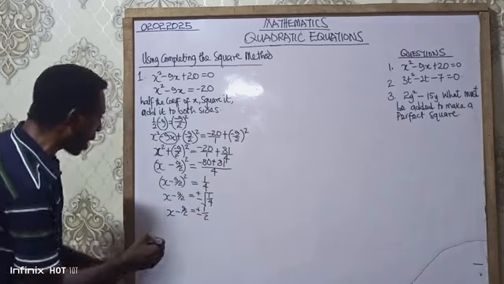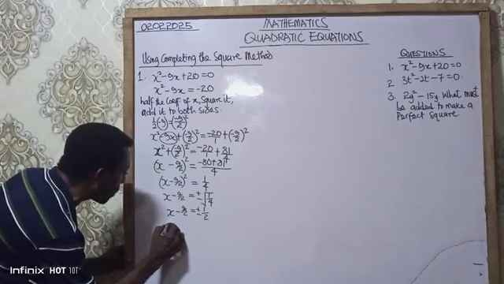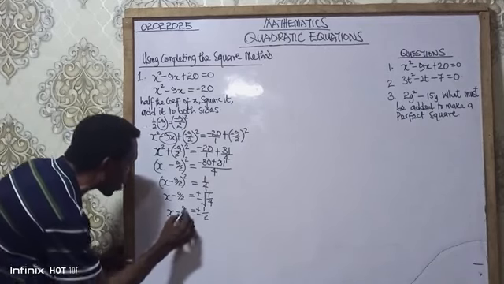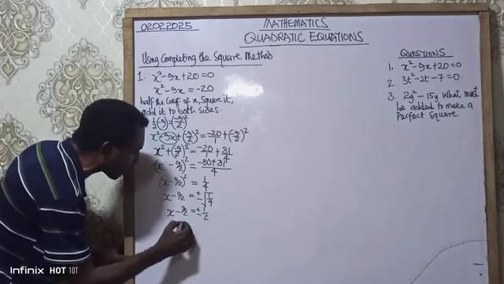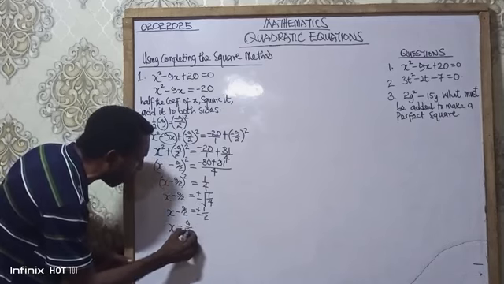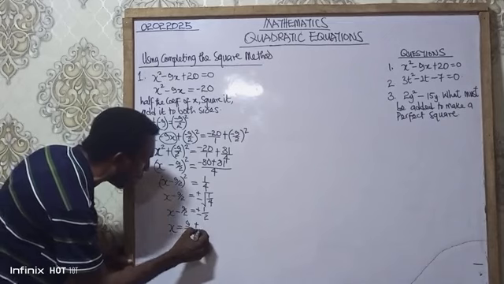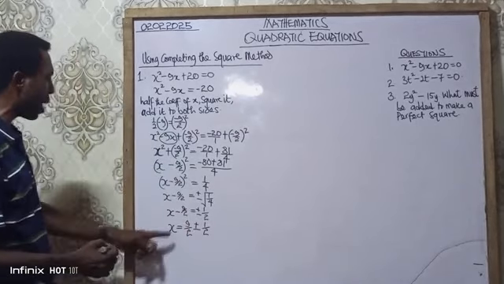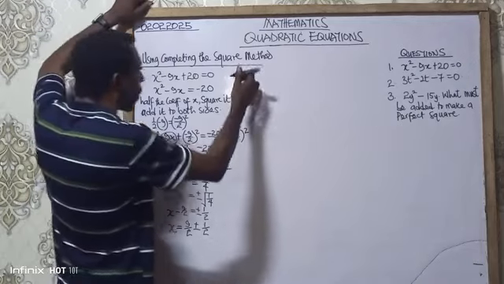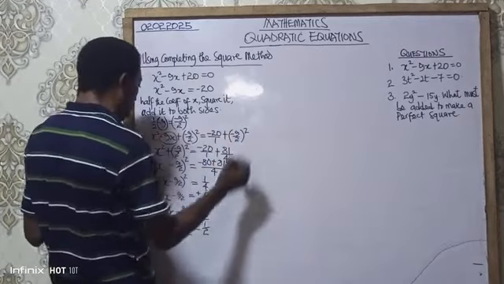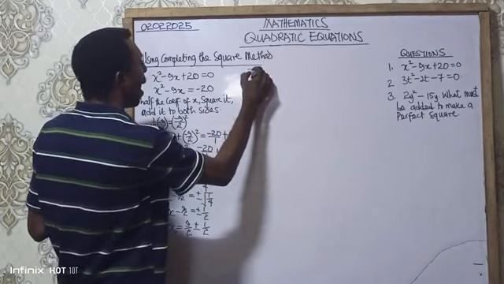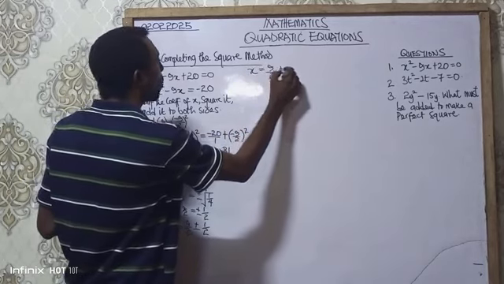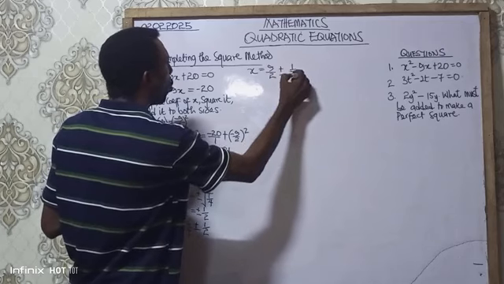So from what we have there, x will now become equal to, we are carrying this value to the other side, that will become plus 9 over 2 plus or minus 1 over 2. So from what we have there, we can easily continue from here. That means we have x is equal to 9 over 2 plus or minus 1 over 2.